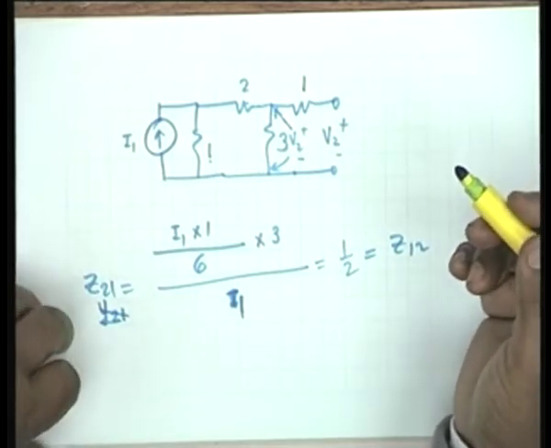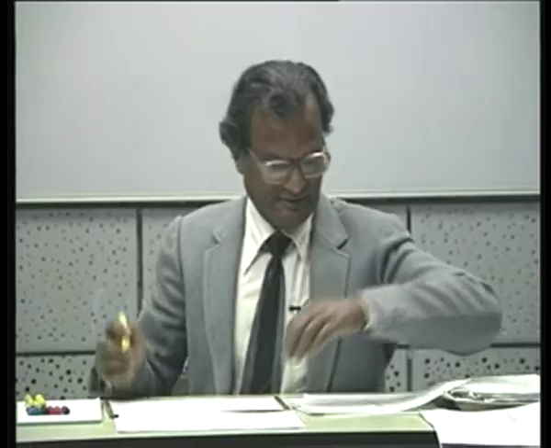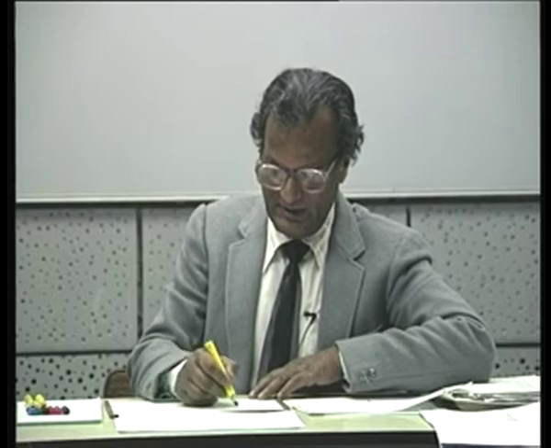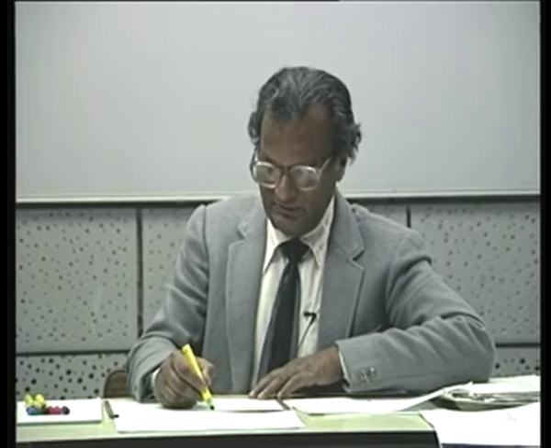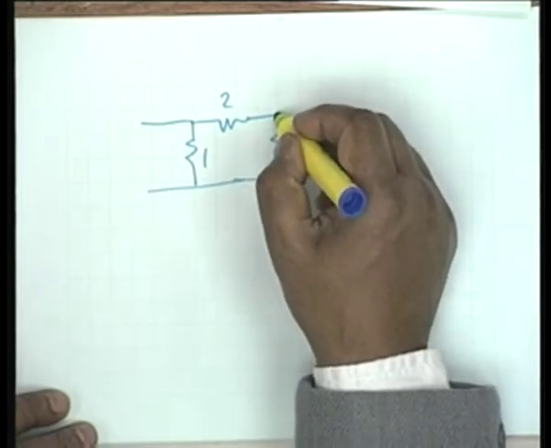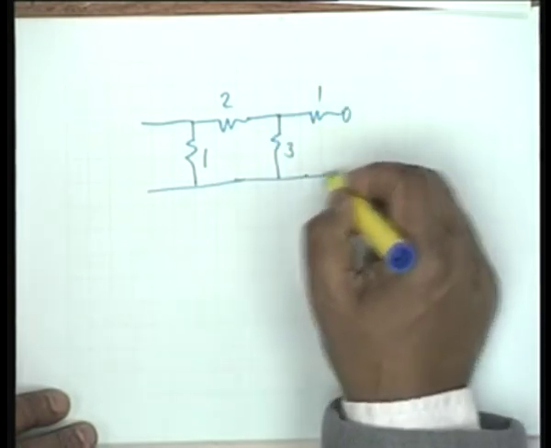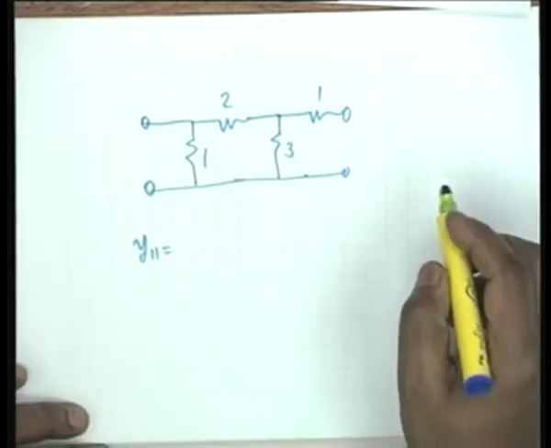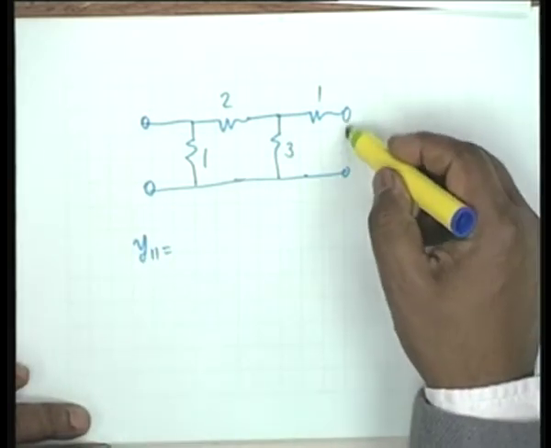All right. Let's look at the Y parameters and see if we can do the same thing by inspection. For Y parameters, let me draw the network again. 1, 2, 3, 1. For Y11, you will have to short this.